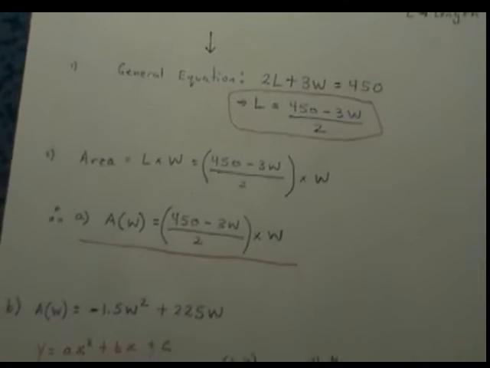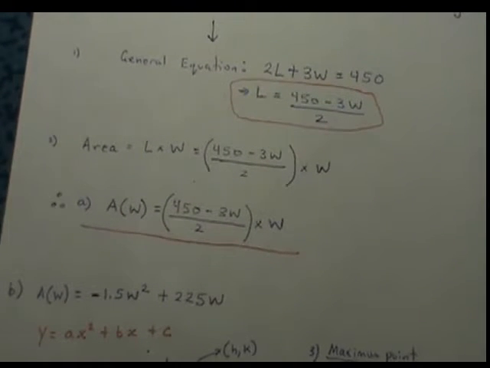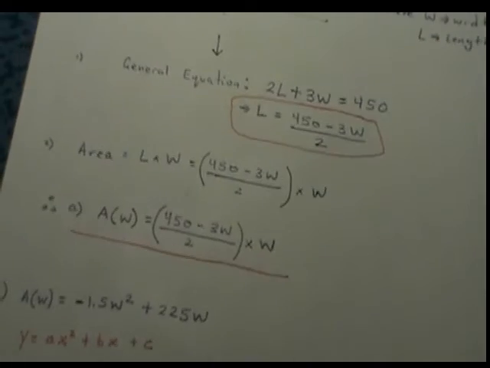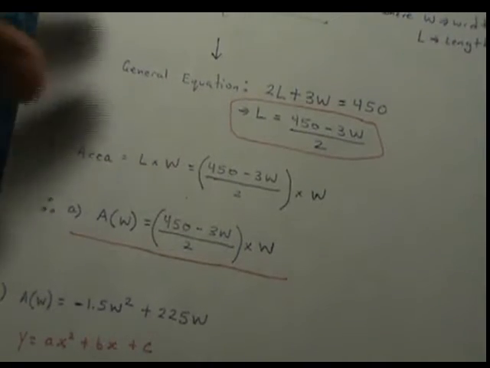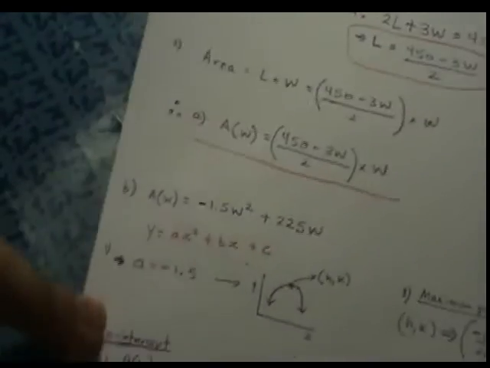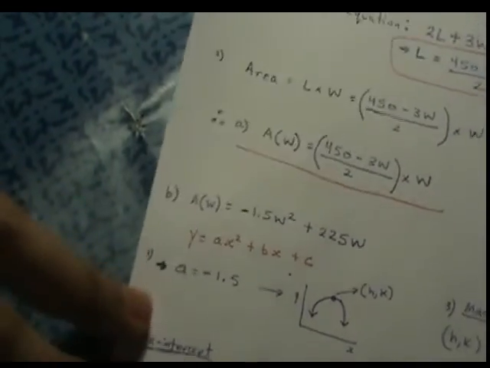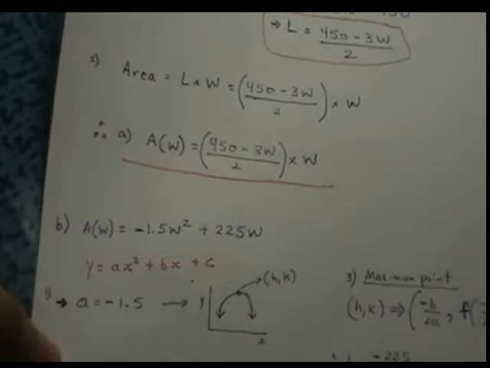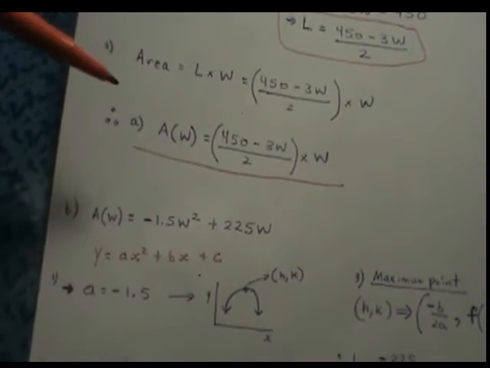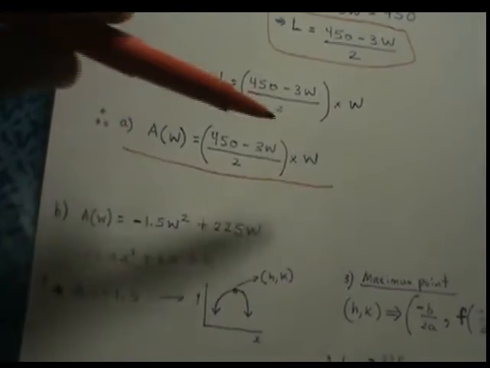Okay, so part B asks us to find the domain and range of the area function, which is this one. Alright, so this is a bit more complicated, I guess you could say. It's not too hard, so let's just get started on this one. So what I did for part B is that the area function that we got in part A, I expanded it.